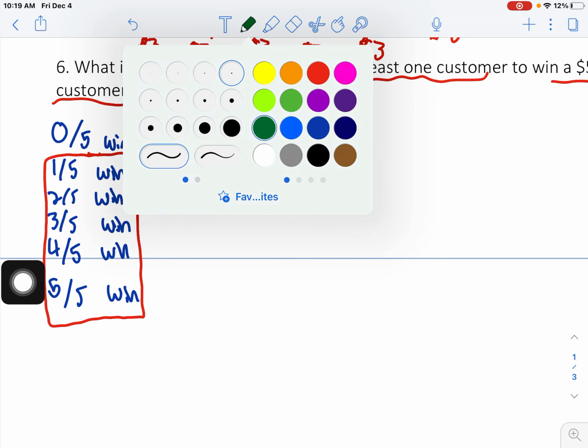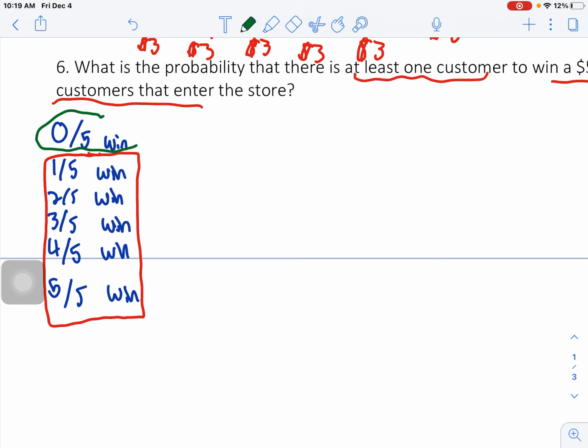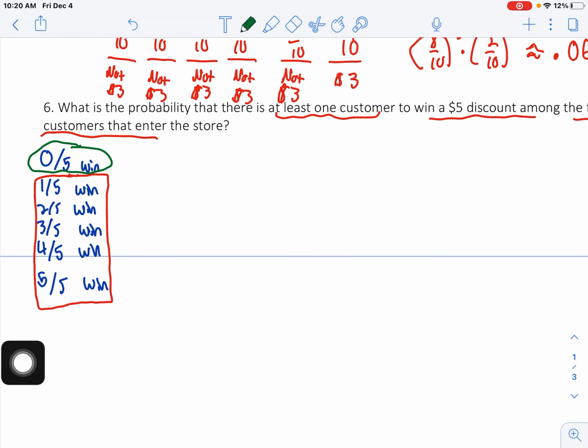Let's figure out this green probability and then subtract that green probability from 1 to figure out this total probability. So I am going to do the complement, 1 minus the probability that none win the $5 prize.